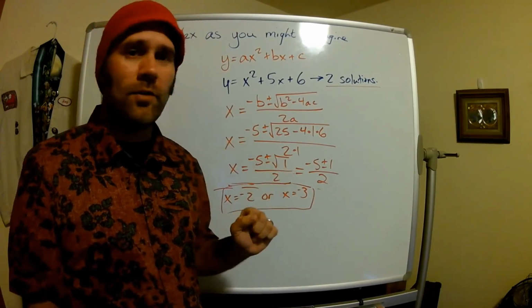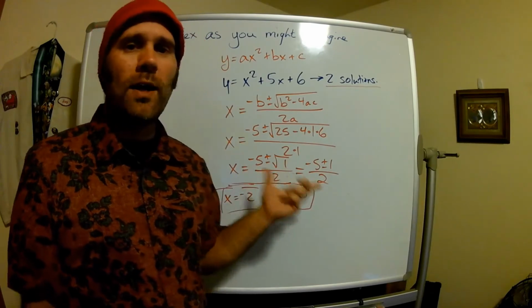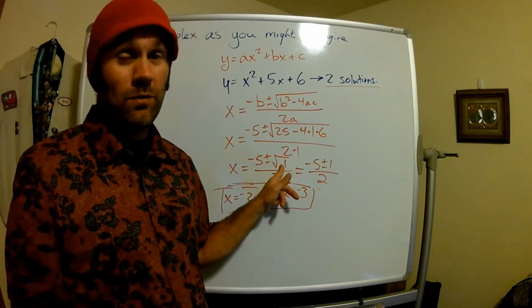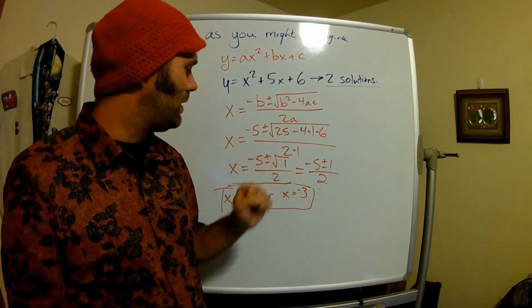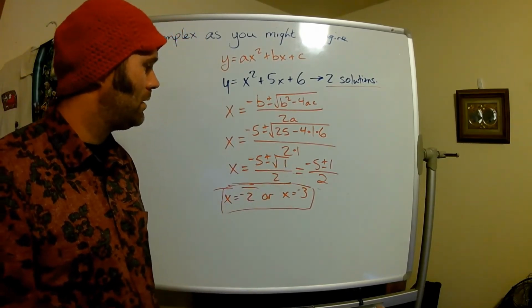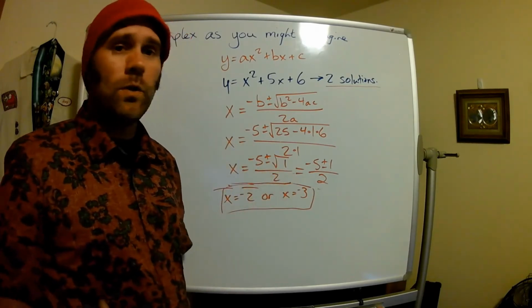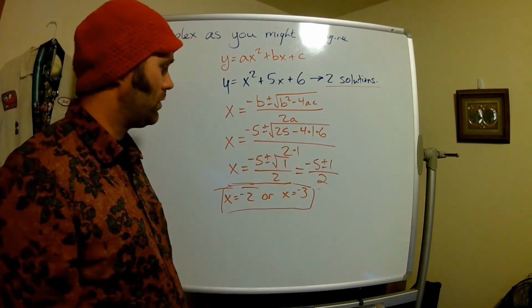The 1 is positive, and so that's why it's real. If it had been negative, we would have gotten i, an imaginary number. But since we got a real number, 1, we know that there must be two solutions.